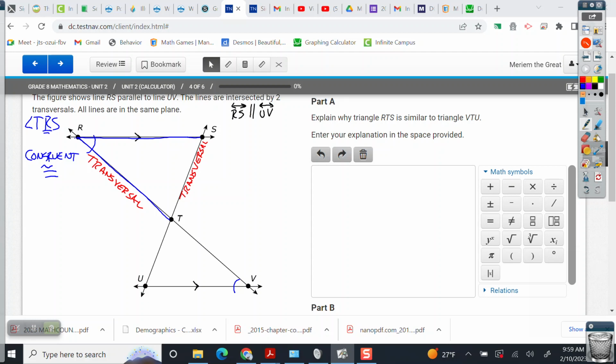So, we know that angle TRS is congruent to angle TVU. And they are congruent because there's a special relationship called alternate interior angles.